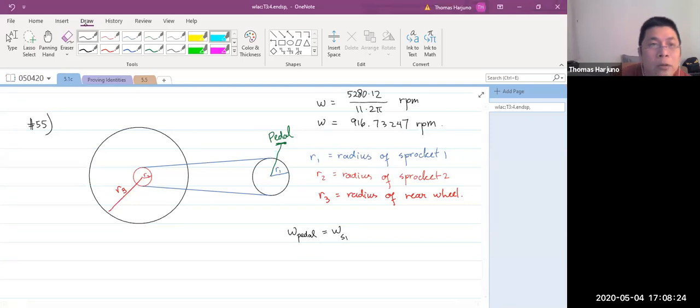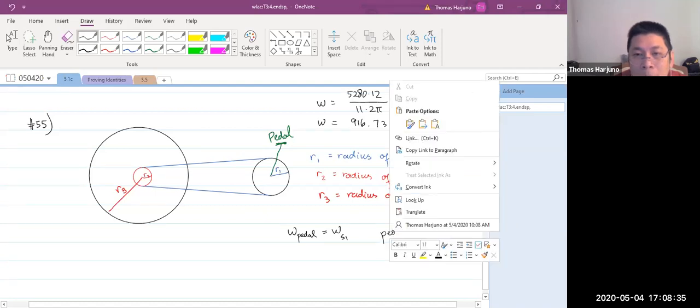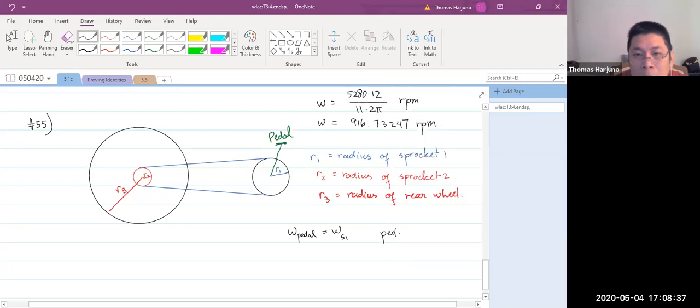This is the relationship between the pedal and the first sprocket. But what's the relationship between the first sprocket and the second sprocket?